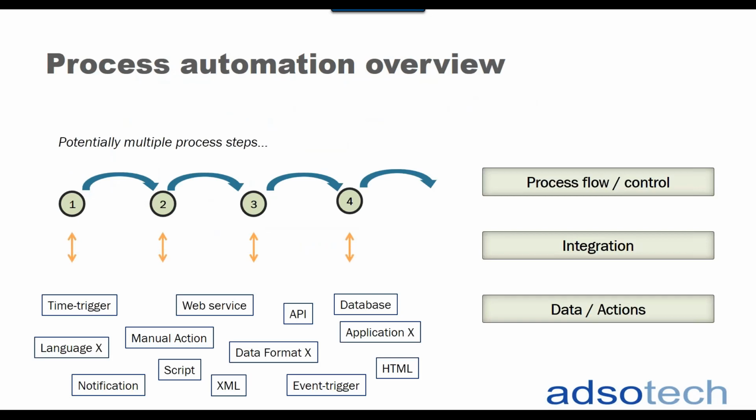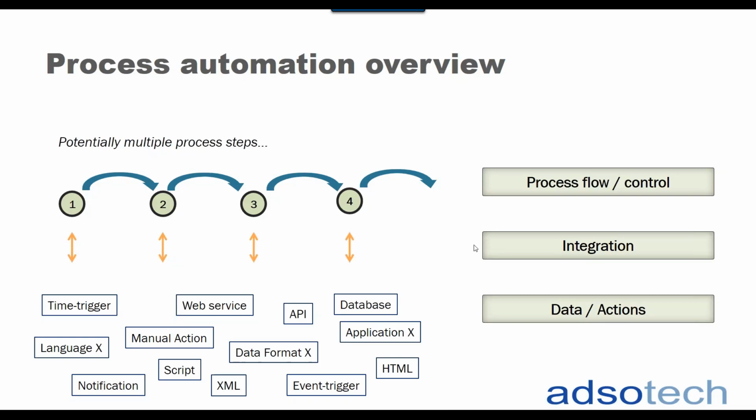If I just briefly start with thinking about process automation in general, we can basically identify 3 different layers here. First of all, we have some kind of process control or process flow, some kind of logic to control the application or the process.